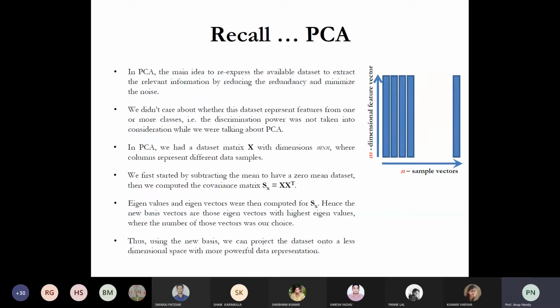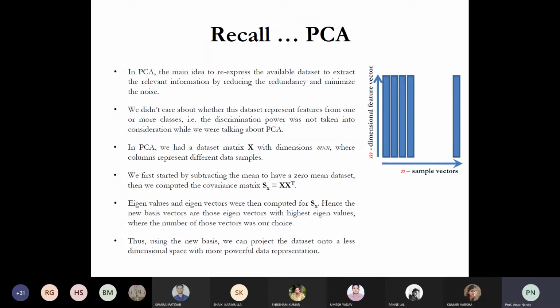I mean it can separate out the two classes. That is what supervised means: it considers the class labels and finds components which, after applying the reduction, separate the two classes. So that is the difference between PCA and LDA.